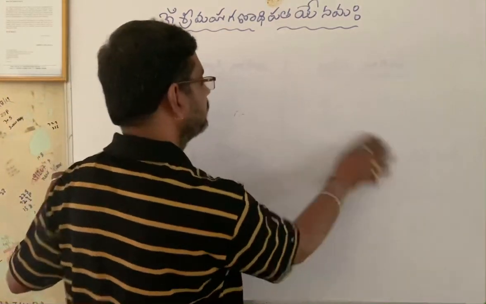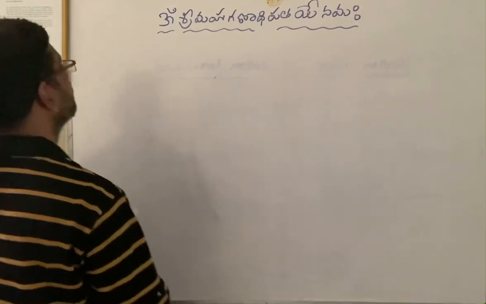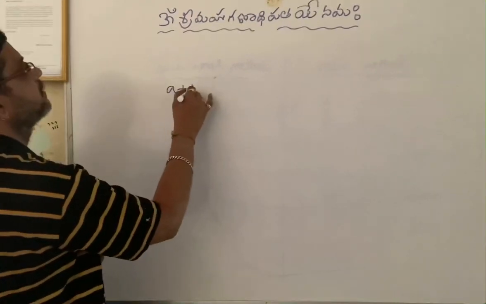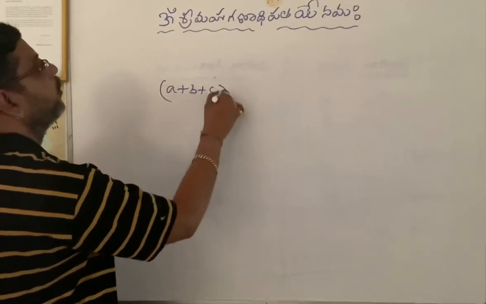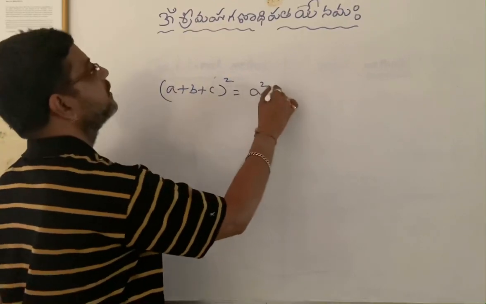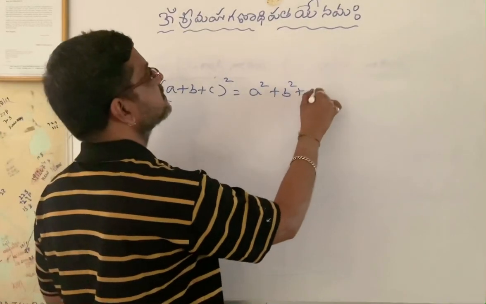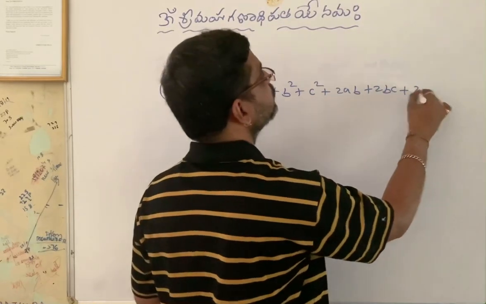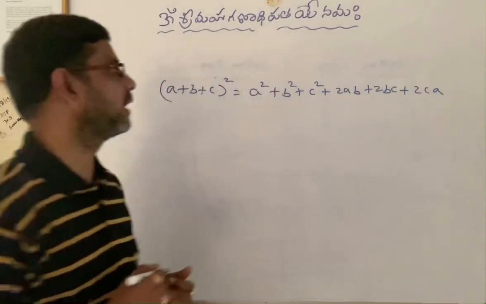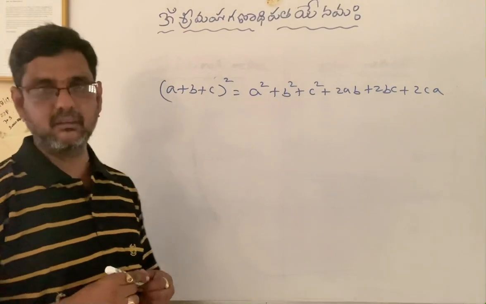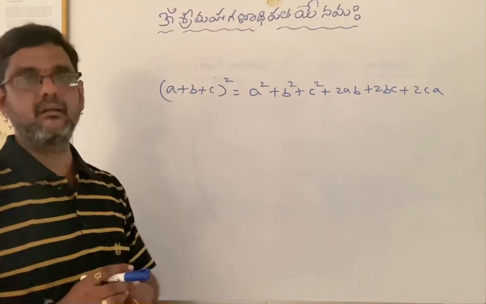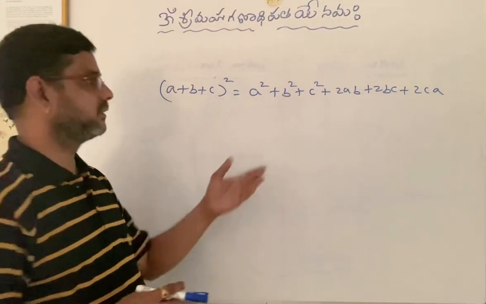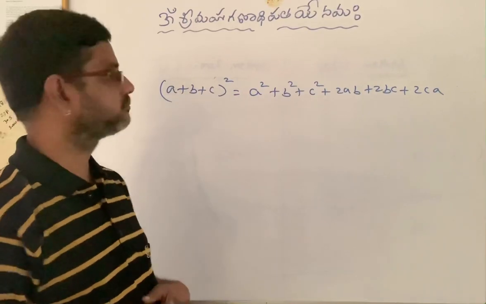Now, one more formula I am going to explain, that is (a plus b plus c) whole square is equal to a square plus b square plus c square plus 2ab plus 2bc plus 2ca. This is one of the formulas in class 9. From this, how many different formulas we are able to write, that I am going to explain now.